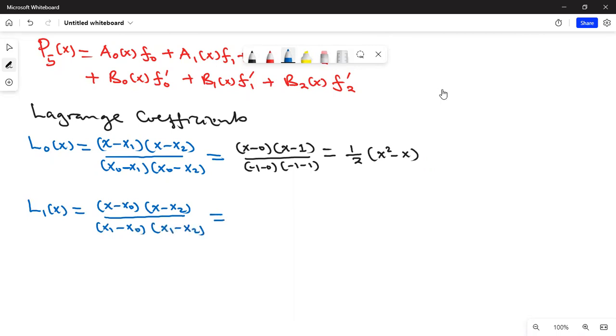So again, if you replace the values from the table, we'll have x minus -1, so that's x plus 1, then x minus 1, everything over x1 is now 0, so 0 plus 1, 0 minus 1. And so the result here is negative x squared plus 1.